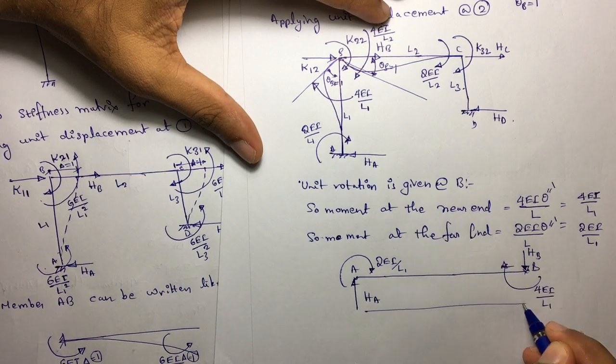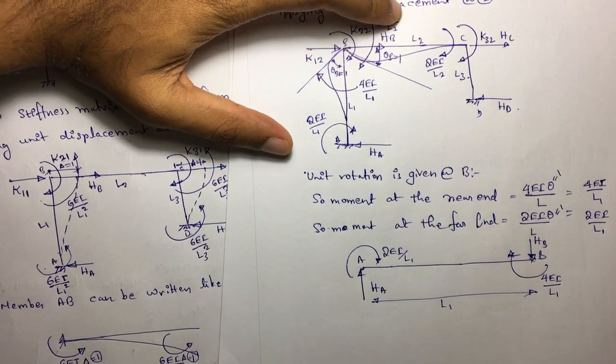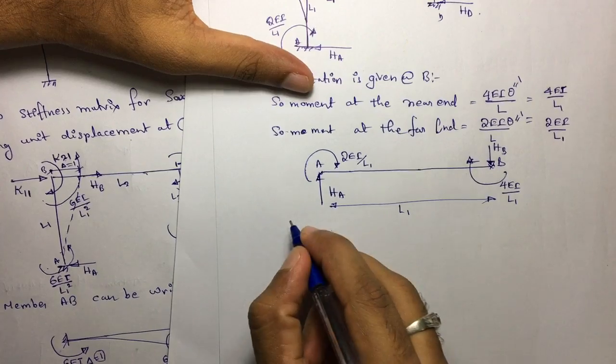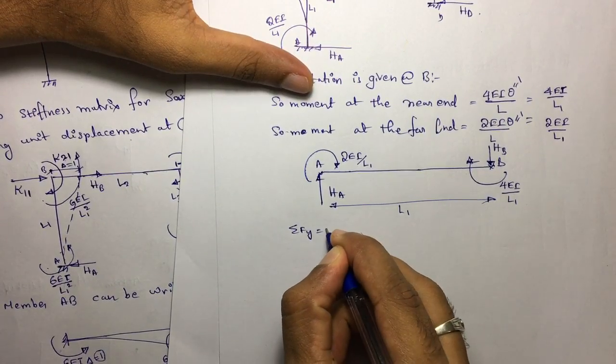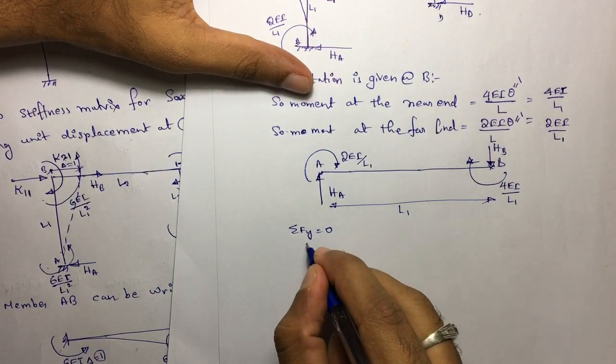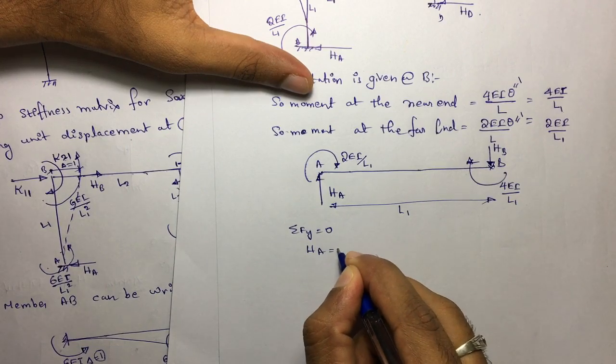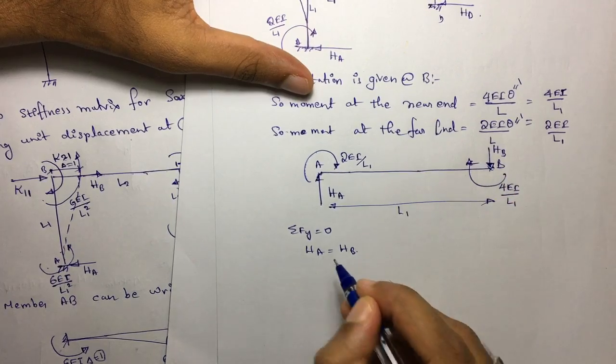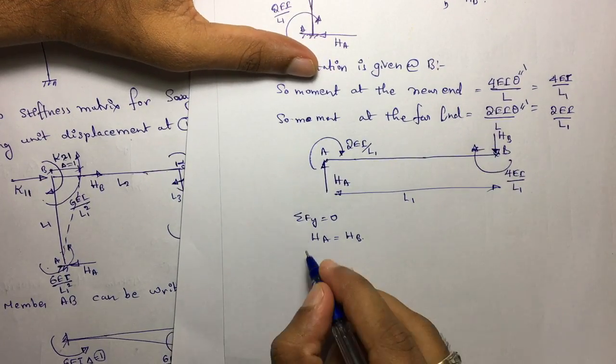We know that this length is L1. I want to find the support reactions. For that, sigma Fy is equal to 0, that is HA minus HB, therefore HA is equal to HB.